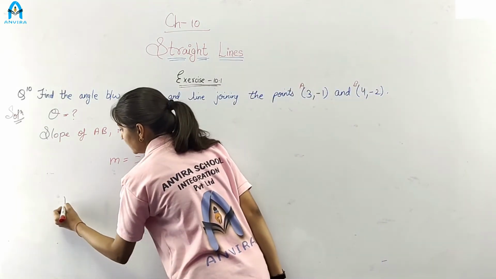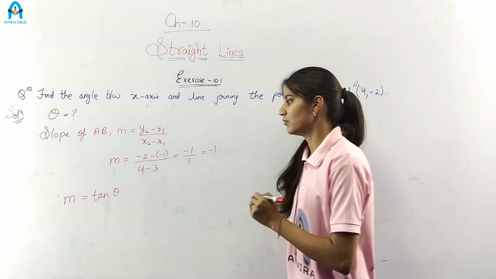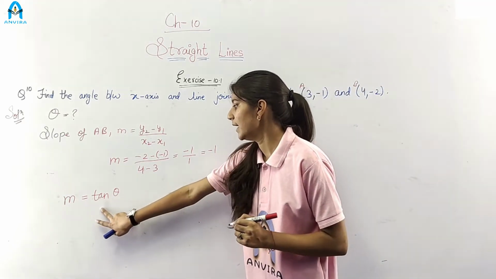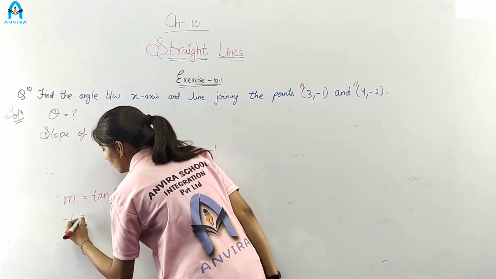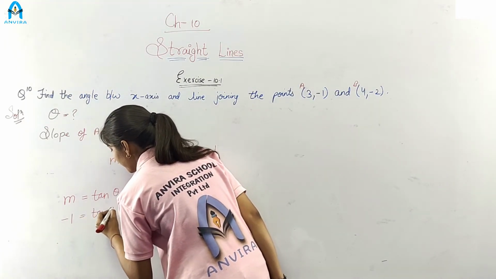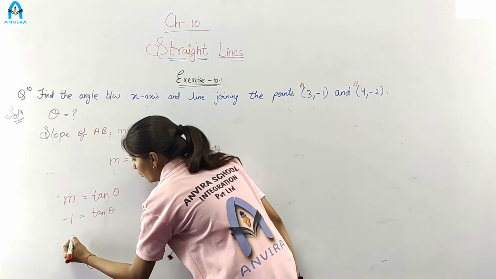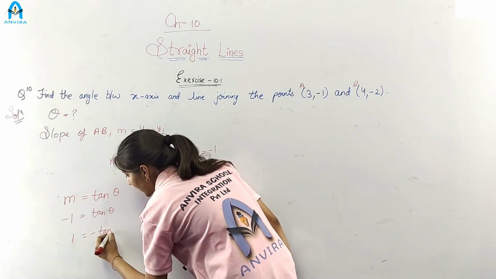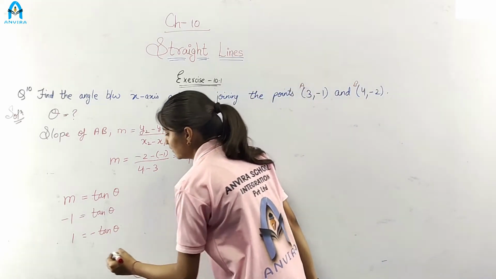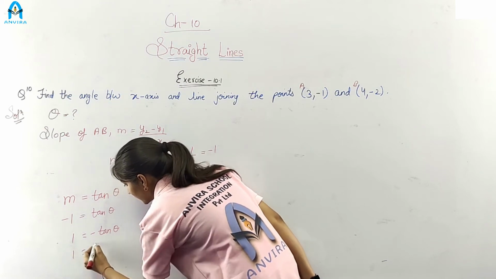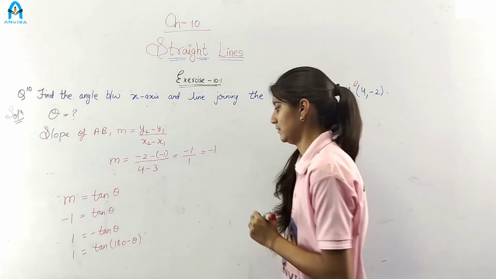So how can I find the theta? We know that the relation between slope and theta is m is equal to tan theta, where slope is given by tan of the angle of inclination. So here I put the value of m is equal to minus 1. So 1 is equal to minus of tan theta, and we know that where tan theta is negative, that is tan of 180 minus theta.